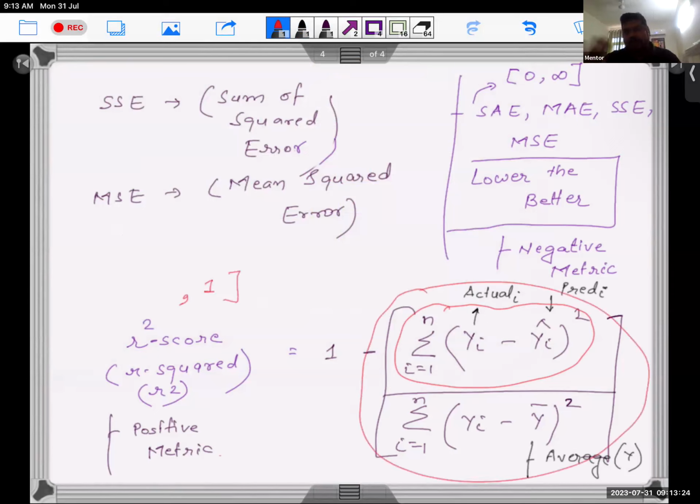But if you have a worse model, the numerator can go up to infinity. Infinity divided by any number is still a very high number. So what do you think 1 minus infinity can go up to? Minus infinity. It can go up to negative infinity for a bad model, for a worse model.